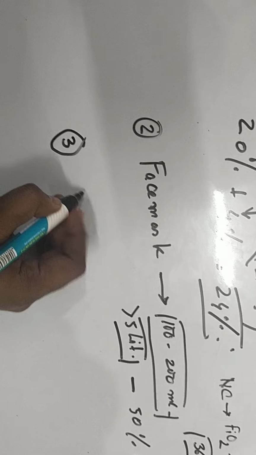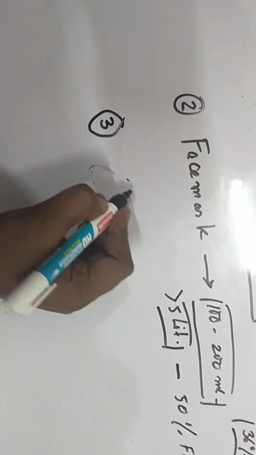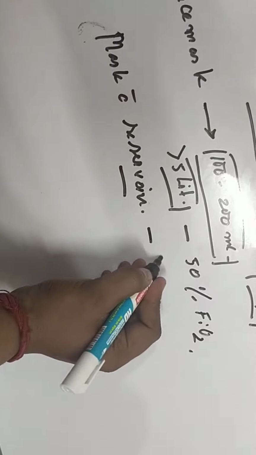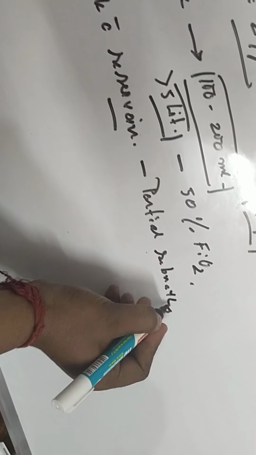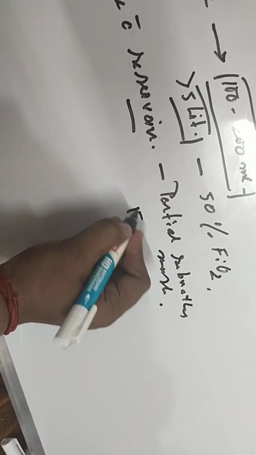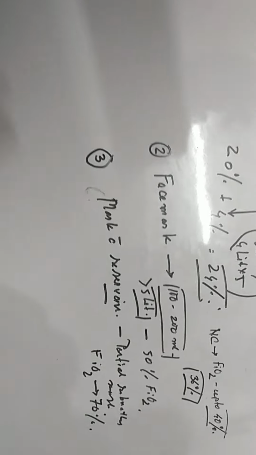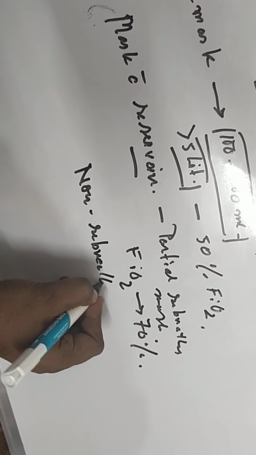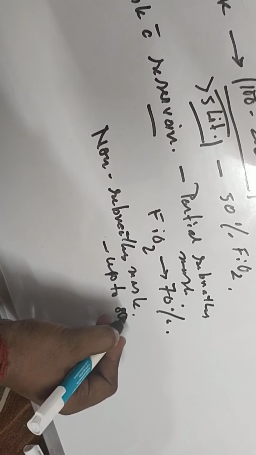There are masks with reservoir. One is partial rebreather mask, which provides FiO2 up to 70%, and non-rebreather mask up to 80%.